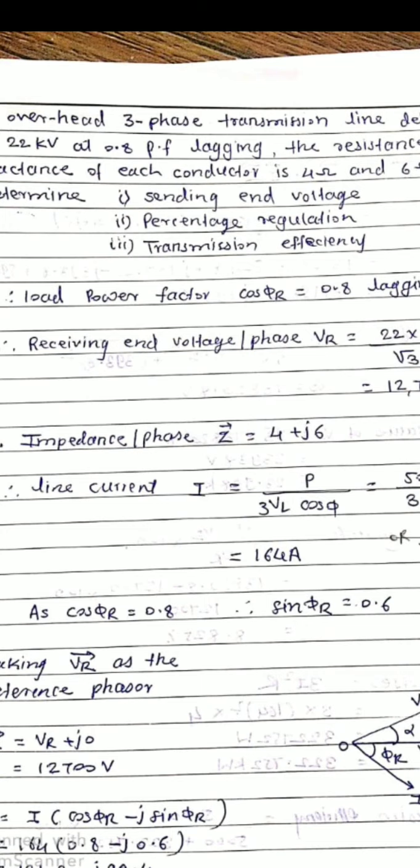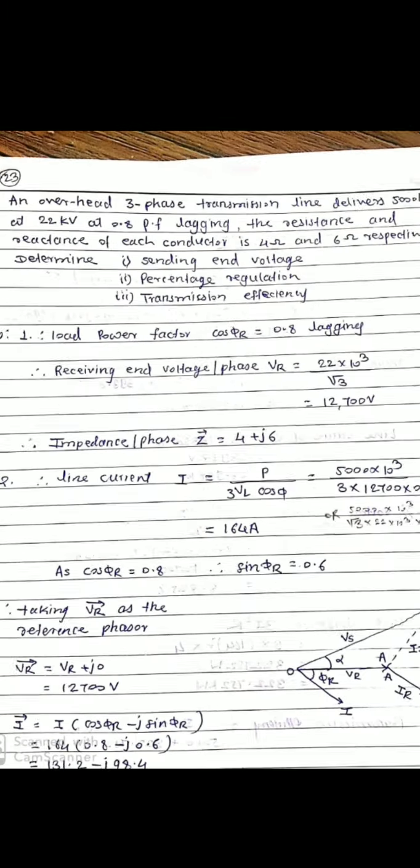The resistance and reactance of each conductor is 4 ohm and 6 ohm respectively. Determine, first, the sending end voltage; second, the percentage regulation; third, the transmission efficiency. So we have to calculate the sending end voltage, percentage regulation, and transmission efficiency.